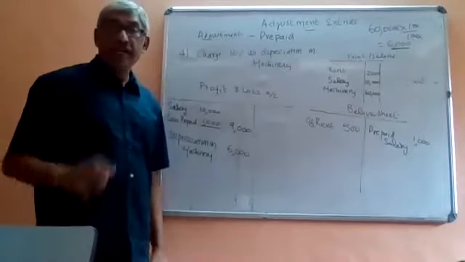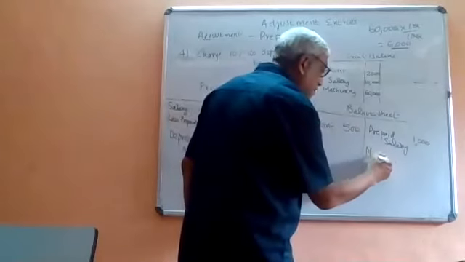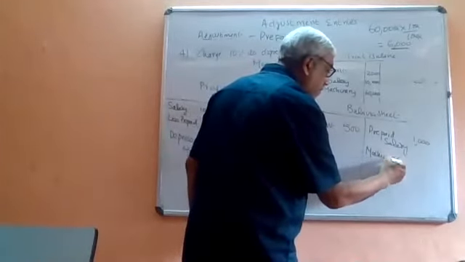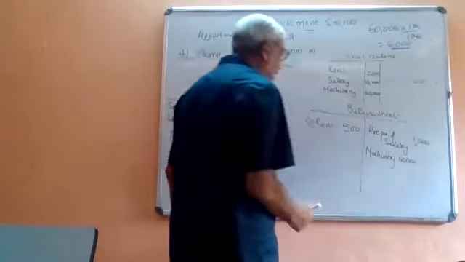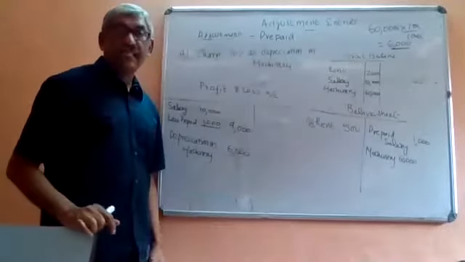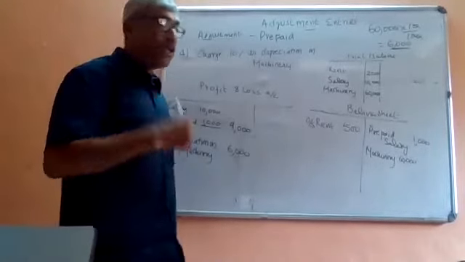And in the balance sheet, machinery is an asset, so it is shown there. Suppose there is machinery of 60,000. Now there is a depreciation of 6,000. So what are you going to do? You have to subtract 6,000 from the machinery account.